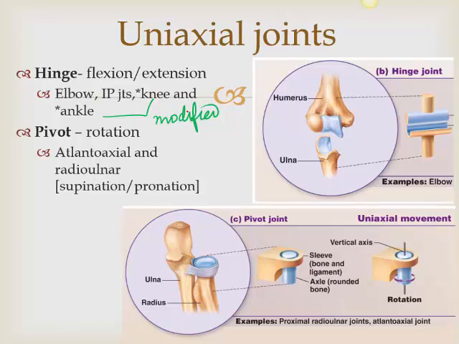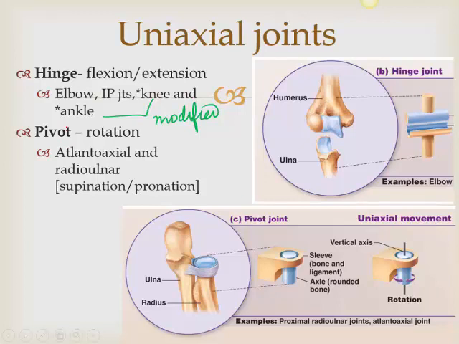And in the ankle, when you dorsiflex your ankle, you cannot move your ankle at all side to side. It's like caught between the tibia and the fibula. But when you plantar flex your ankle, you can actually do a little bit of a side to side movement. So again, in a certain position, you can do a little bit more. That's why they are called modified hinge joints. Just to say that a little bit more can be done with them.